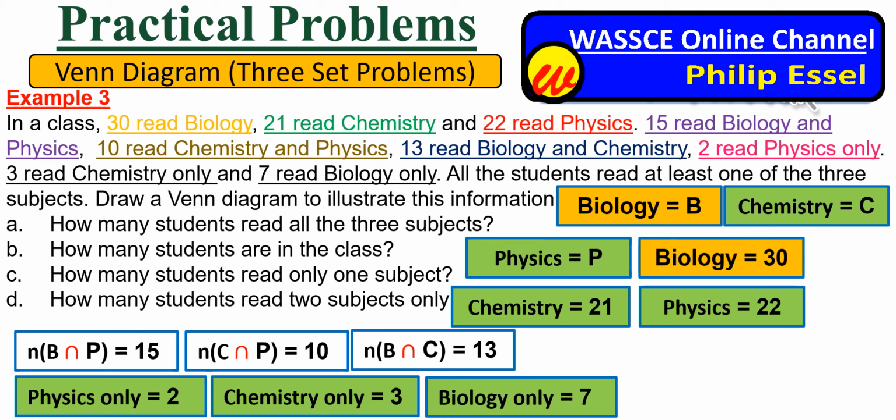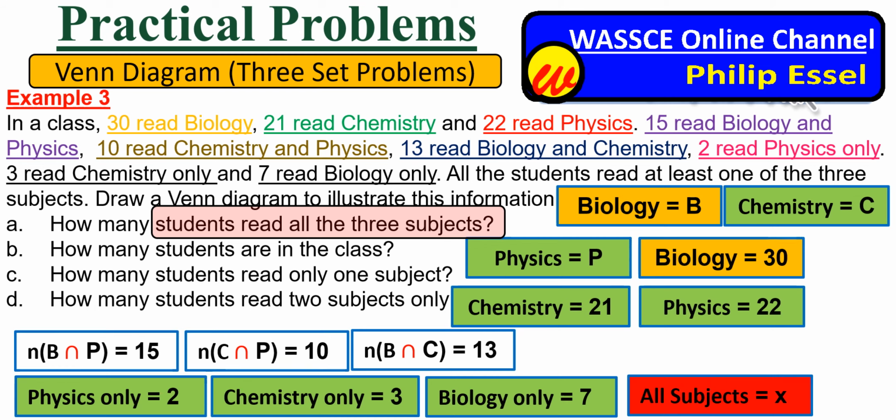The question then went ahead to ask us to find the number of students that read all 3 subjects. Because we do not know this number, we would represent this by the variable x. So all 3 subjects will be equal to x. Let's write this information down.